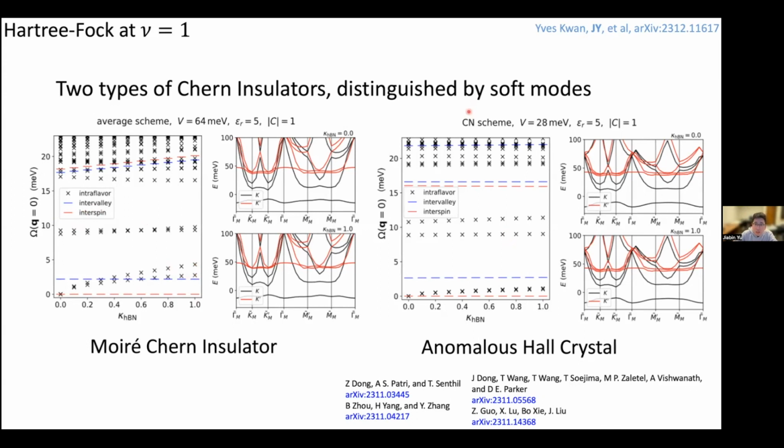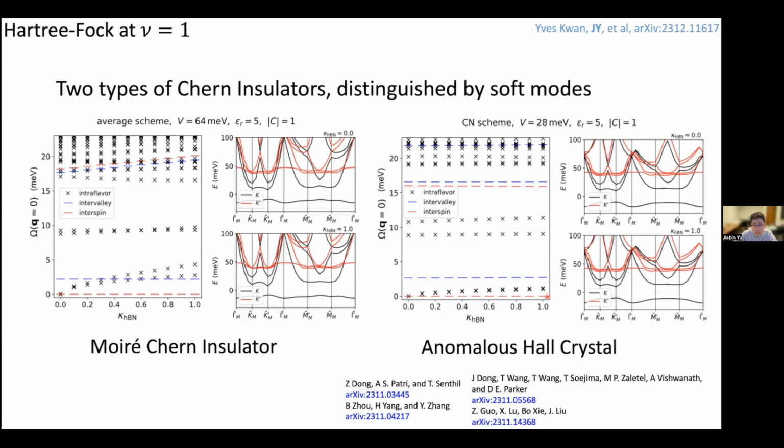But on the other hand, for the charge neutrality scheme, where the Moiré effect is weak, when you turn on the single particle Moiré potential, the soft modes that come from the spontaneous breaking of continuous translation symmetry remain the lowest energy modes, even if we include the realistic single particle Moiré potential.